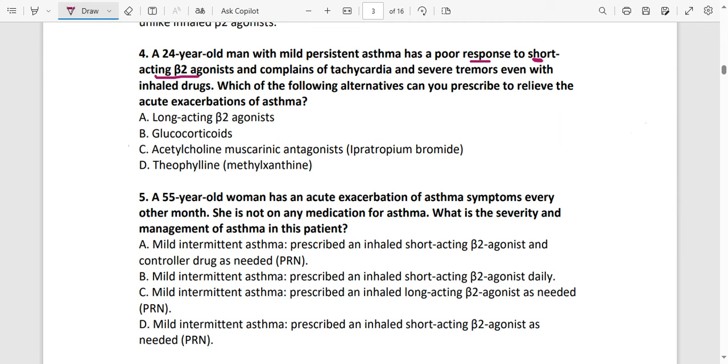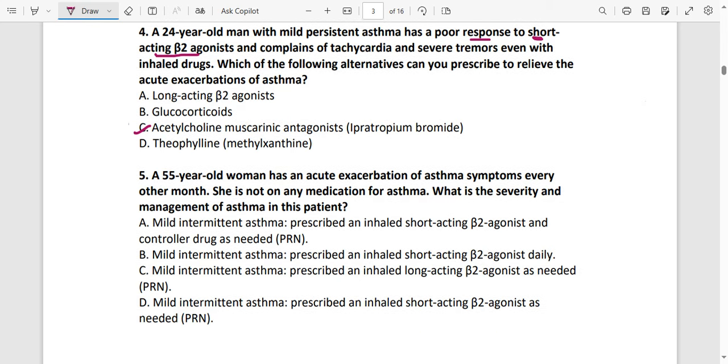This means that even when you give the long acting, they are still working the same. It's just that one is short, one is long. So what you want to do is, because these are bronchodilators, give another alternative bronchodilator, and the alternative bronchodilator is the acetylcholine muscarinic antagonist. Hope we get that.